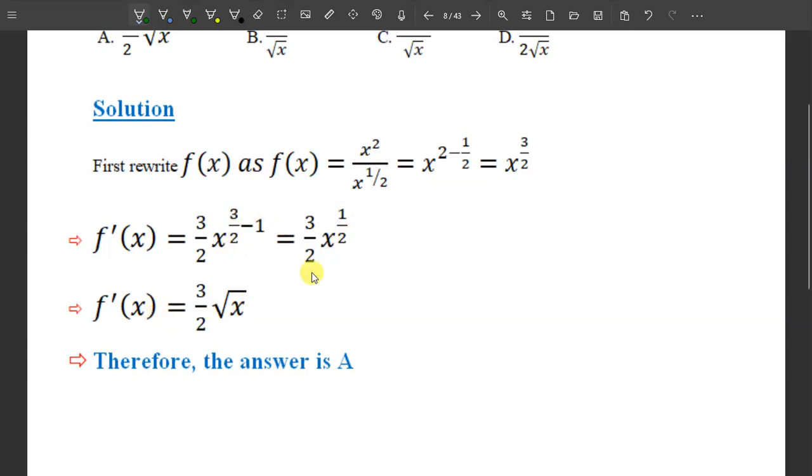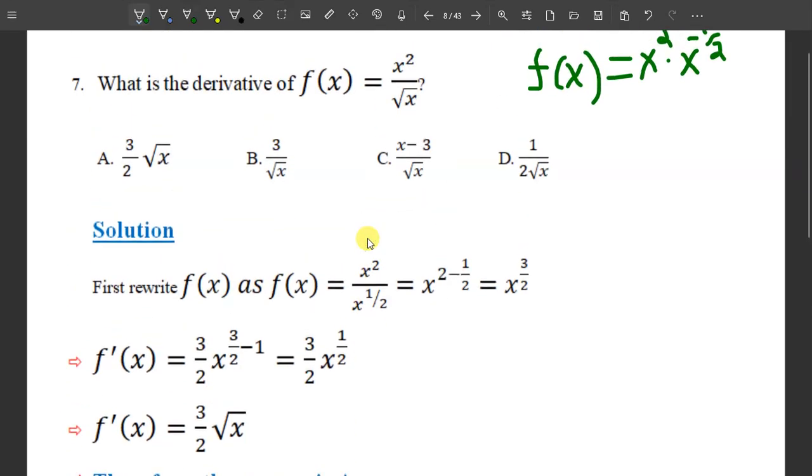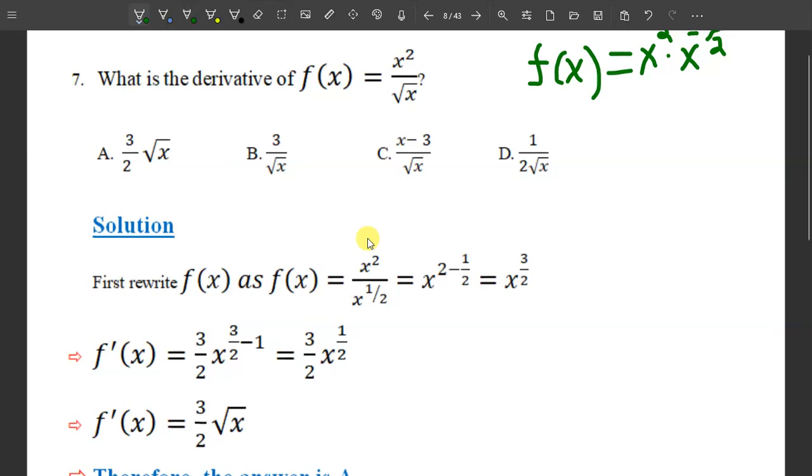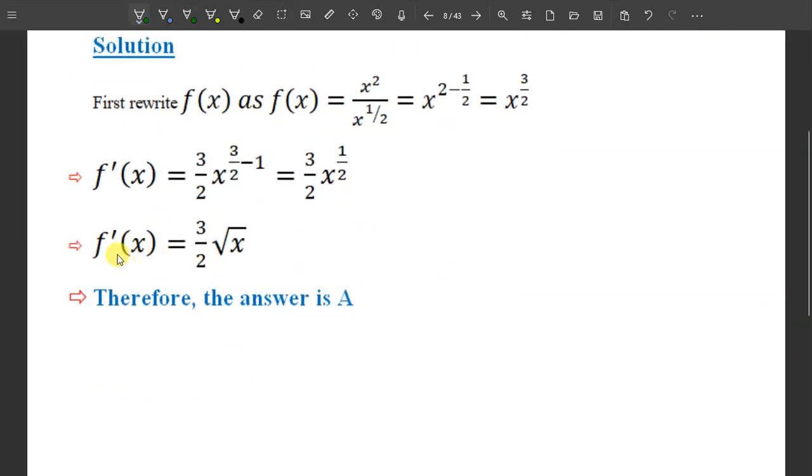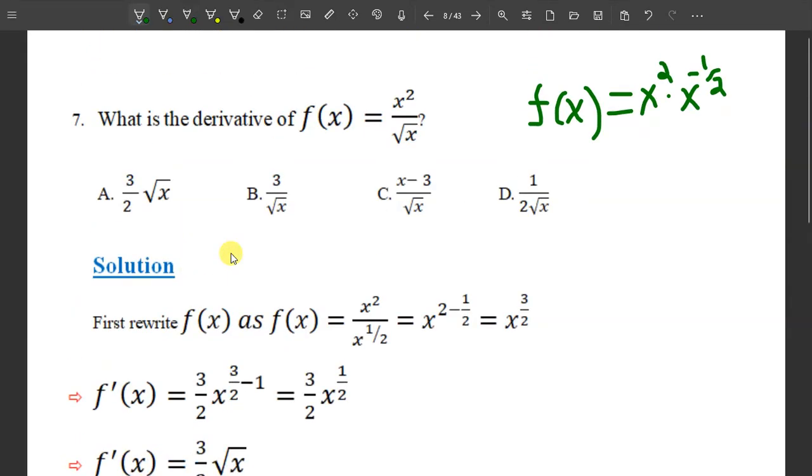Either this is the answer, if it is in our multiple choice, or since it does not exist, we rewrite x to the power of 1 over 2 as the square root of x. Therefore, f prime of x is 3 over 2 times the square root of x, and A is the answer.